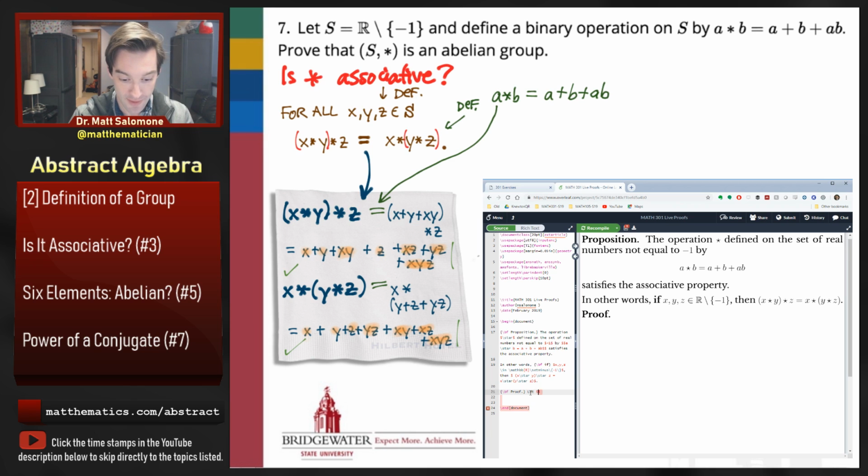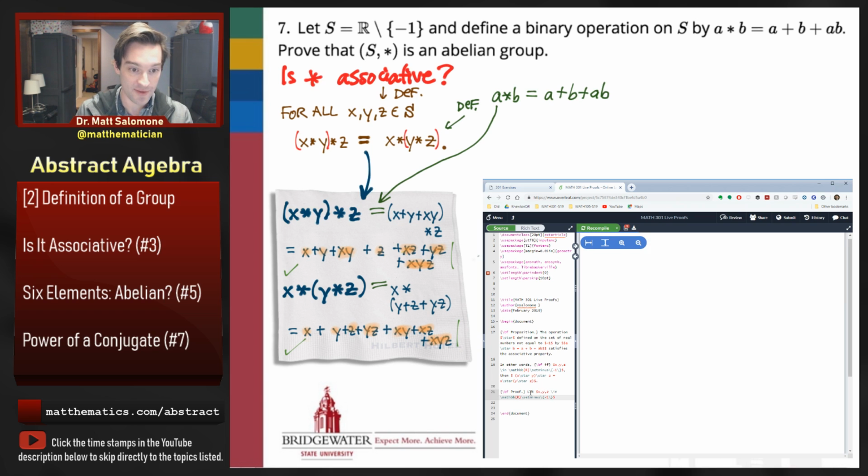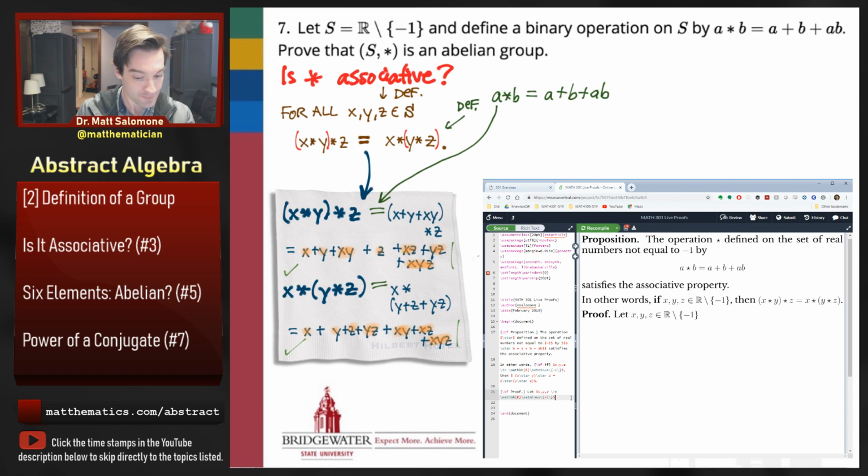So let X, Y, and Z belong to the set of real numbers, but not equal to -1. This proof, by the way, is not actually going to give us an opportunity to see why it's important for X, Y, and Z to not be equal to -1. But if we were to do the full proof that this is in fact a group, we would see why that's an important stipulation. So I'm signaling to the reader that this is a direct proof by bringing X, Y, and Z into existence, satisfying the hypothesis.